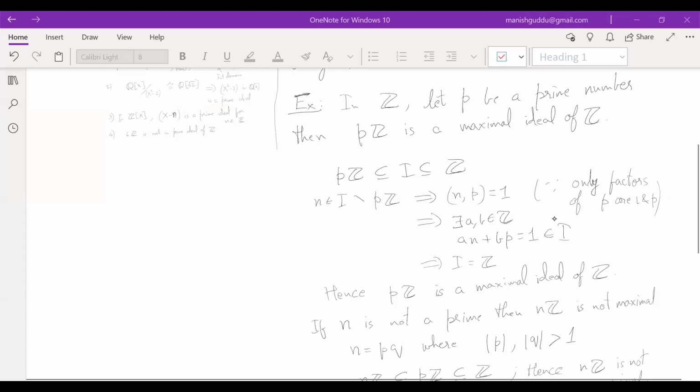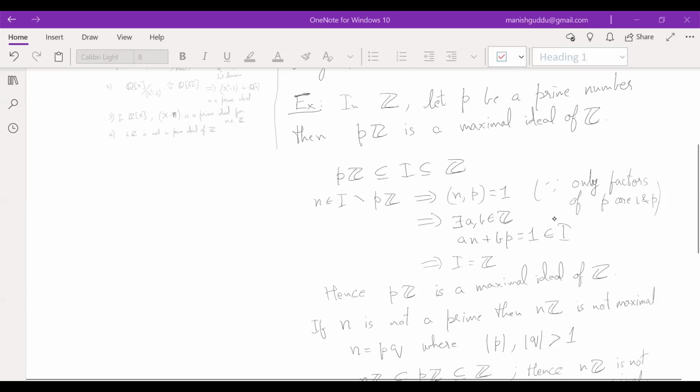Now, are maximal ideals always prime? Yes, this is something which we will show maybe in the next class. We will worry only about rings with unity in this class.